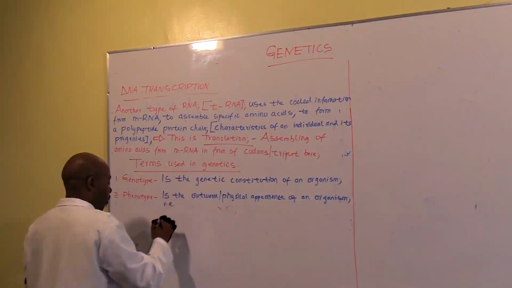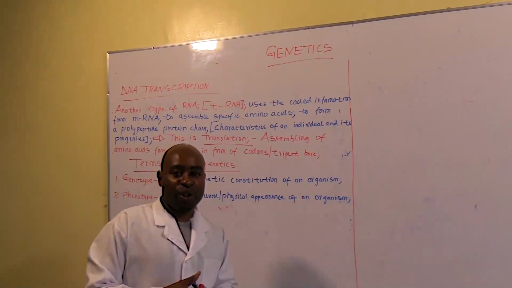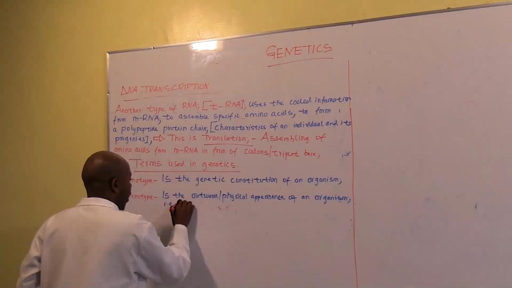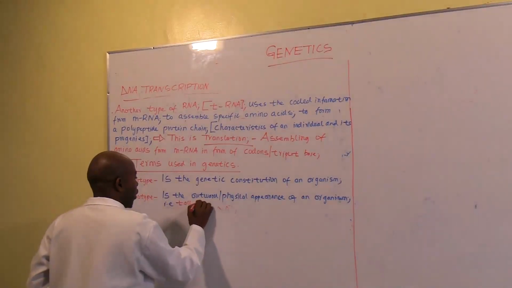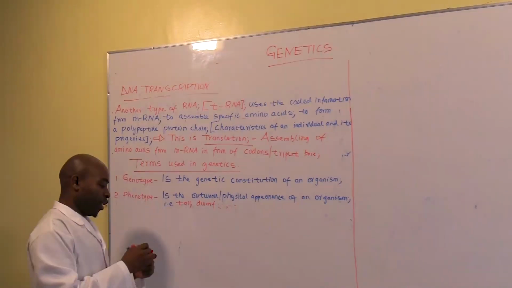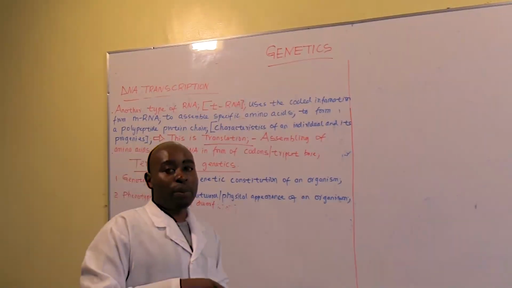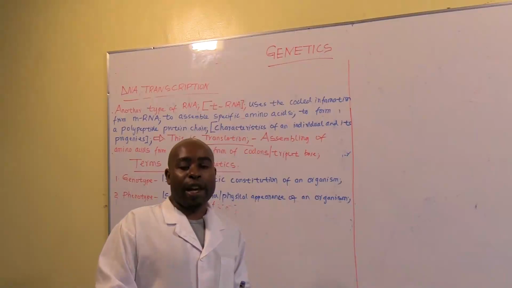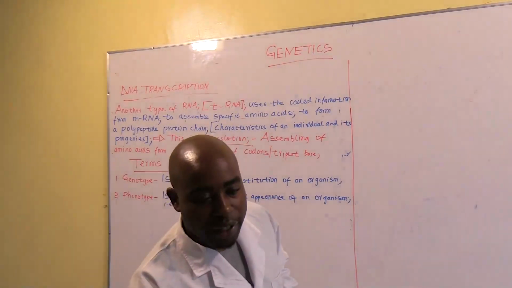That is, when you look at an organism, you can say whether it is tall or short. Examples here, we have tall, dwarf, etc. Also the skin color, one can say one is brown, one is black. That is the outward appearance of an organism.